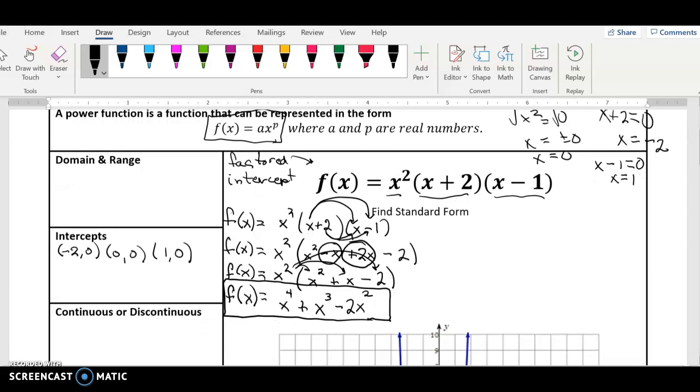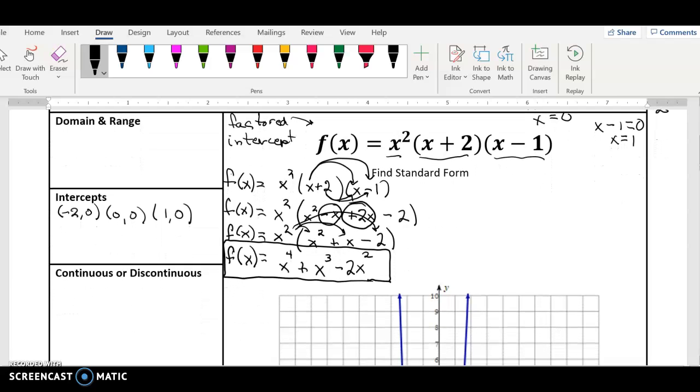Notice the highest power is 4, and we say the a value, or the leading coefficient, is this 1. So the highest power is 4, and a is 1. So you remember we talked at the beginning about f of x equals a times x to the p power. So 4 is the power, the highest power.